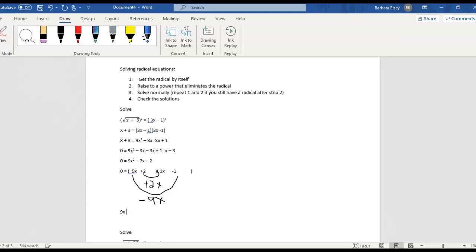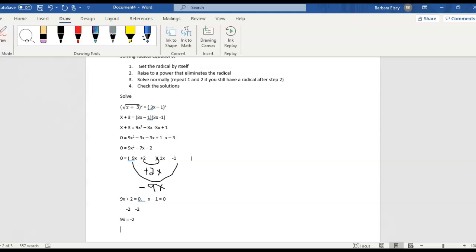All right, let's set 9x plus 2 to 0, and let's set x minus 1 to 0. Subtracting 2 on both sides gives me 9x equals negative 2.